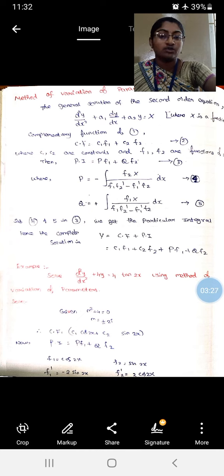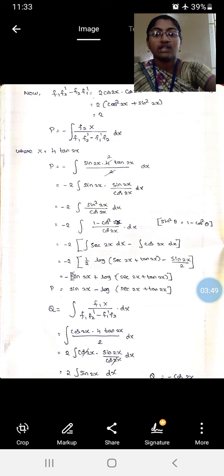Next we have to find the values of f1 dash and f2 dash. It is nothing but just differentiating. f1 dash is equal to minus 2 sin 2x. For f2 dash, differentiating sin 2x, we get 2 cos 2x. So we have found f1, f2 and also f1 dash, f2 dash.